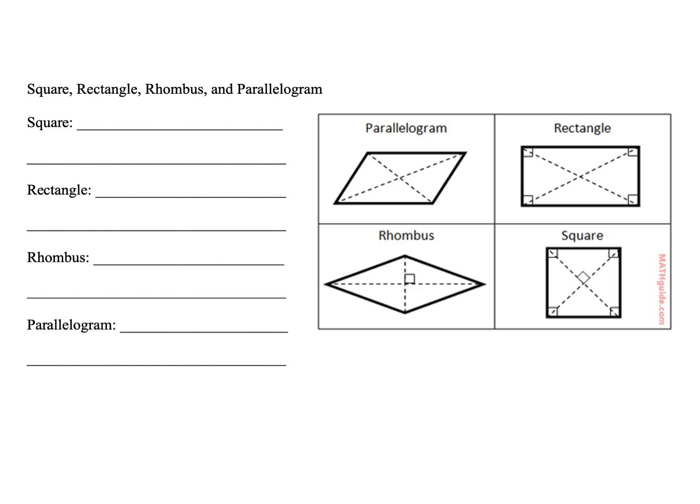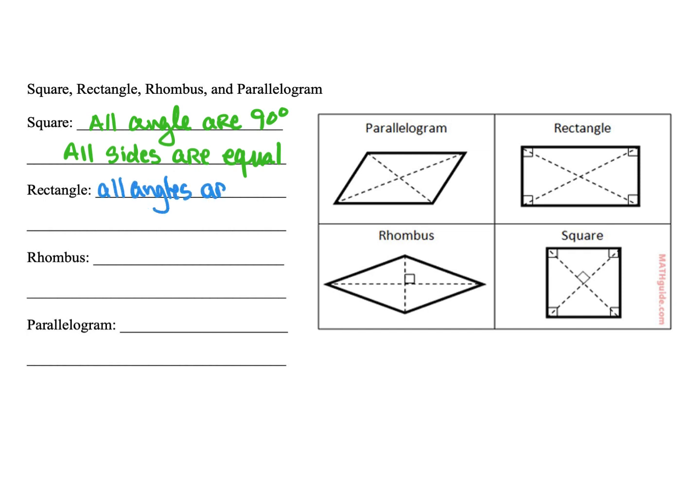A square is where all sides, or sorry, let's start with the angles. All angles are 90 degrees. All sides are equal. A rectangle: all angles are 90 degrees.